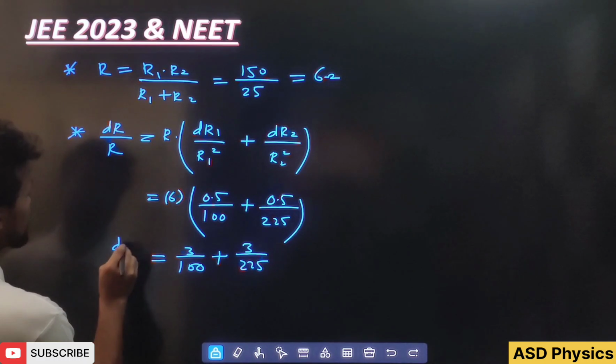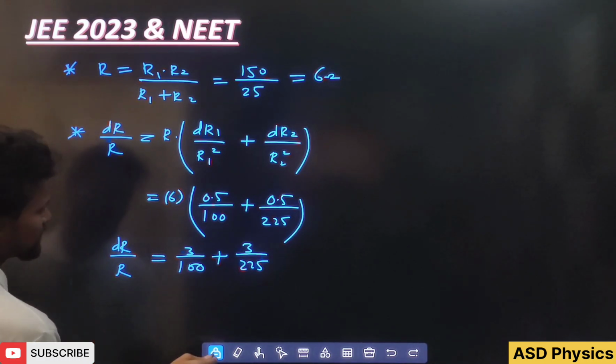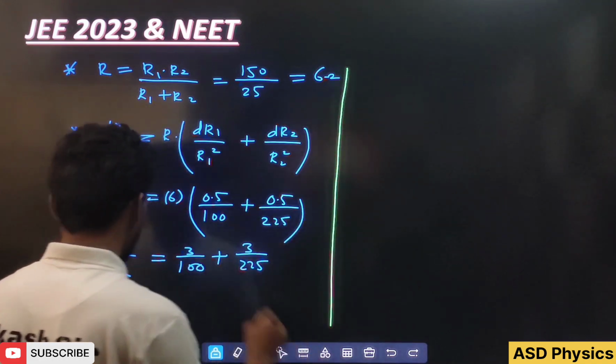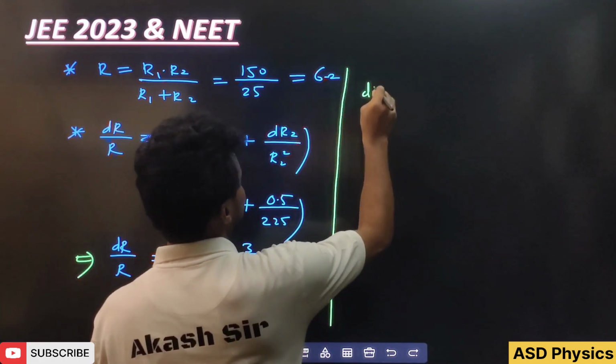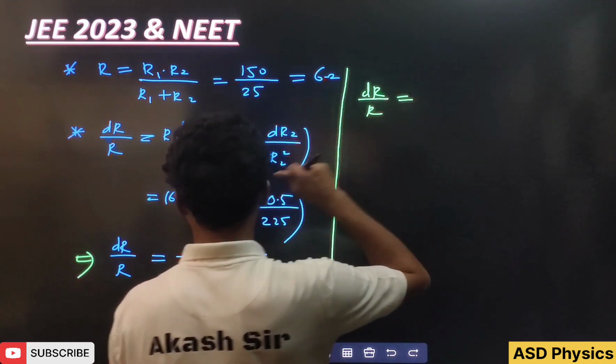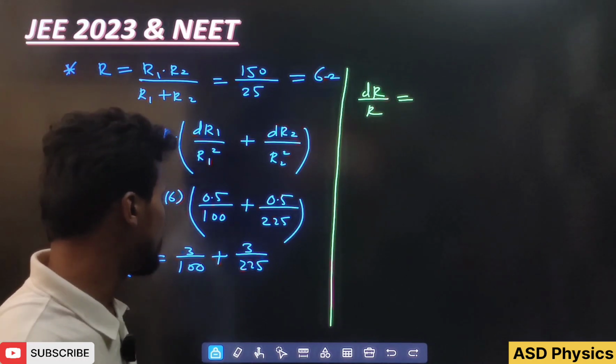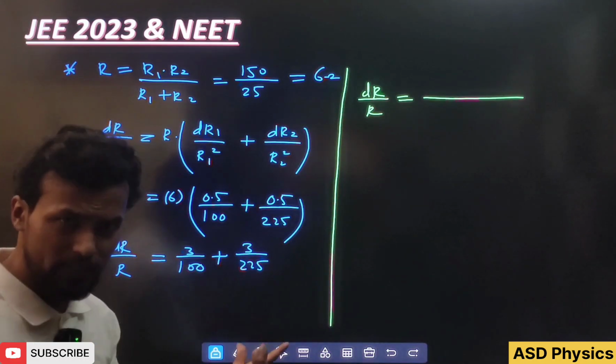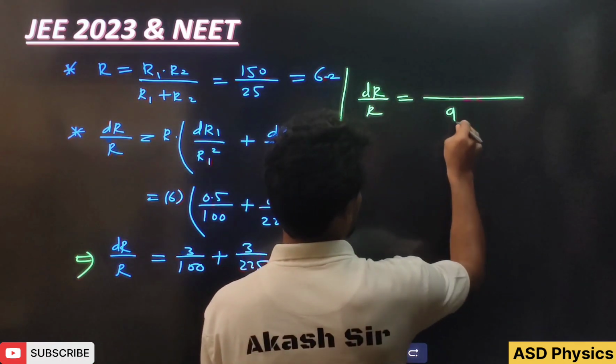And this is dR by R, I can even write delta R by R, not a problem. Now students, we have got this. Delta R by R is given by 3 by 100 plus 3 by 225. Which LCM can we take here? The LCM will be 900.